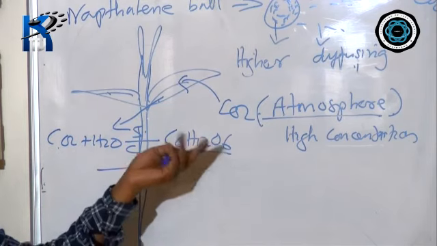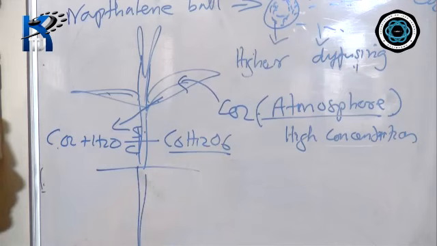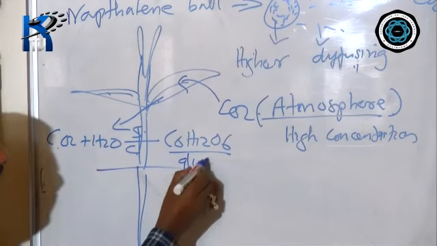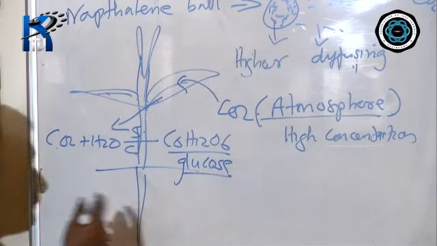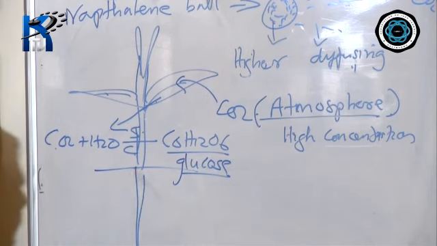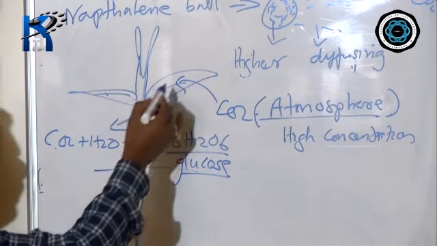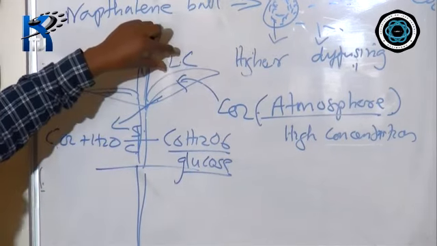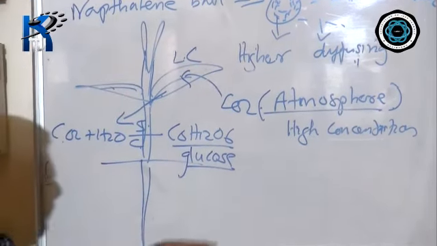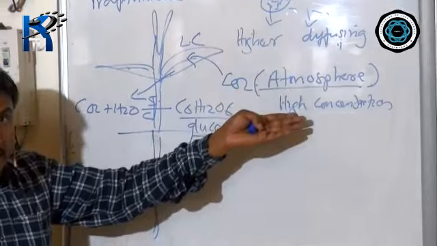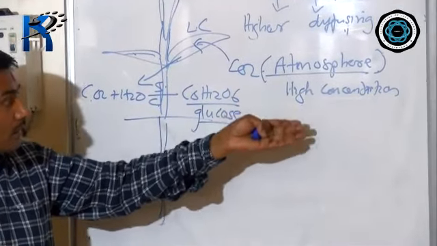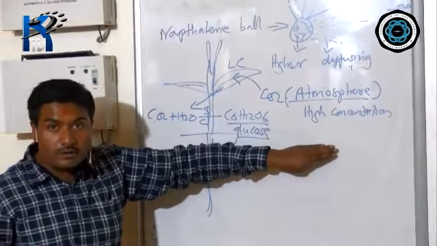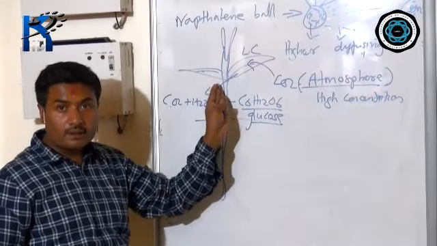The plant is able to make glucose, C6H12O6, a starch type of food. Since it is used up, this area becomes low, so the carbon dioxide starts moving from the atmosphere to the leaf.